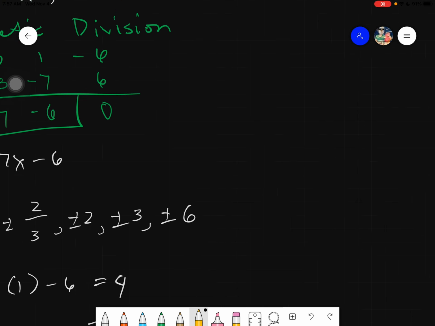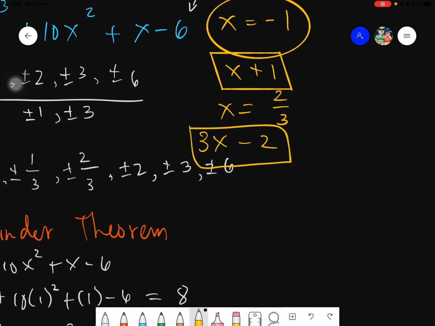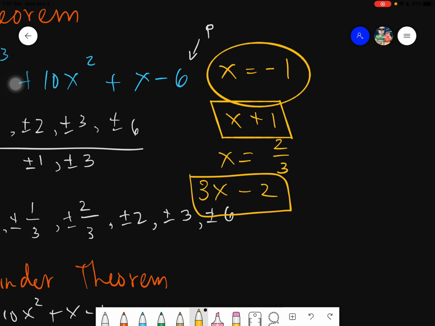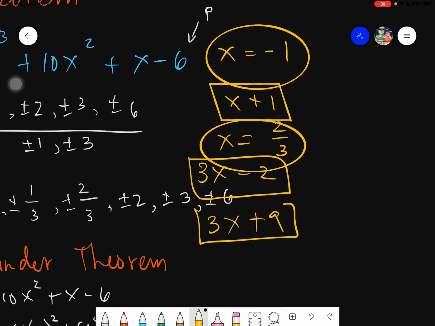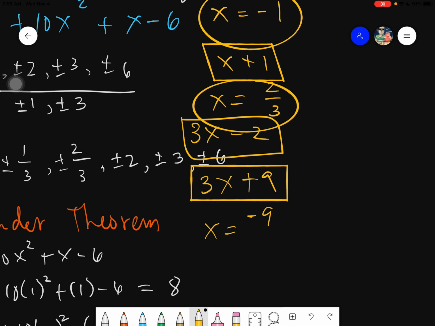So you have 3x plus 9. Let me circle this one. But what about your other 0? Your other 0 will be coming from this one. Transpose, x is equal to negative 9.